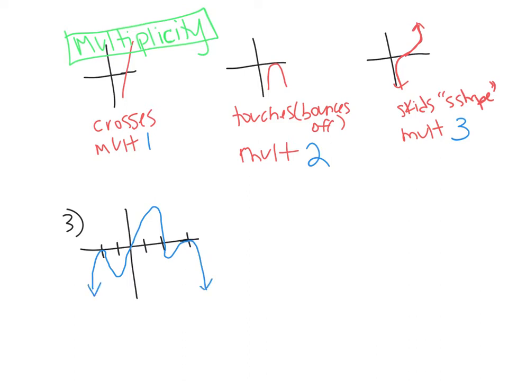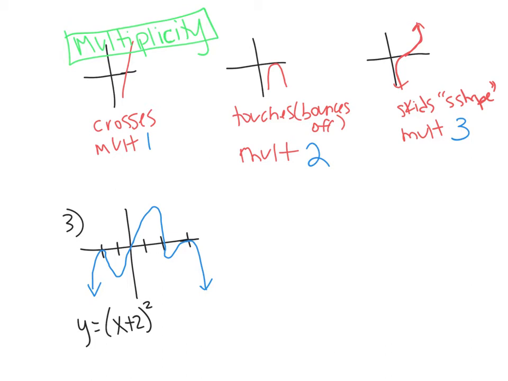So what if this is my polynomial? Well, I can actually write the equation for this polynomial based on where it crosses or touches the x-axis. So notice on the very left here, I have x minus 2. Well, inside think opposite, right? So it's going to be x plus 2. But notice that it's not crossing completely through it, that it's touching or bouncing off of that. So that's going to have a multiplicity of 2.